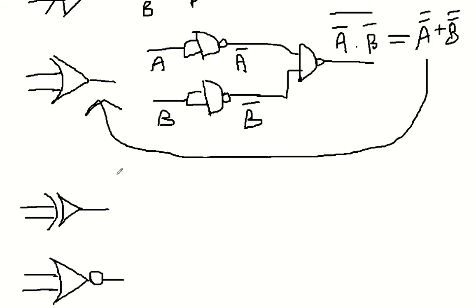So what are we supposed to do? Let's make the XOR first. If you remember the expression for XOR, let's write it: A B bar plus A bar B. Okay, this was our expression.